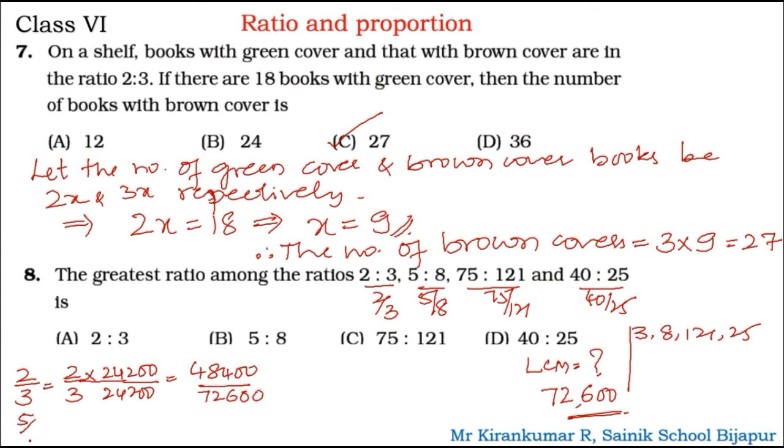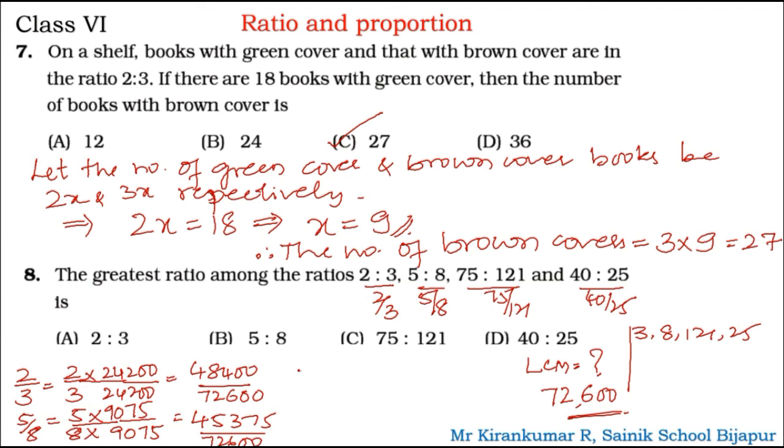Same way, this 5 by 8, you can convert that by multiplying 5 and 8 with 9,075. We get it as 45375 divided by 72,600.